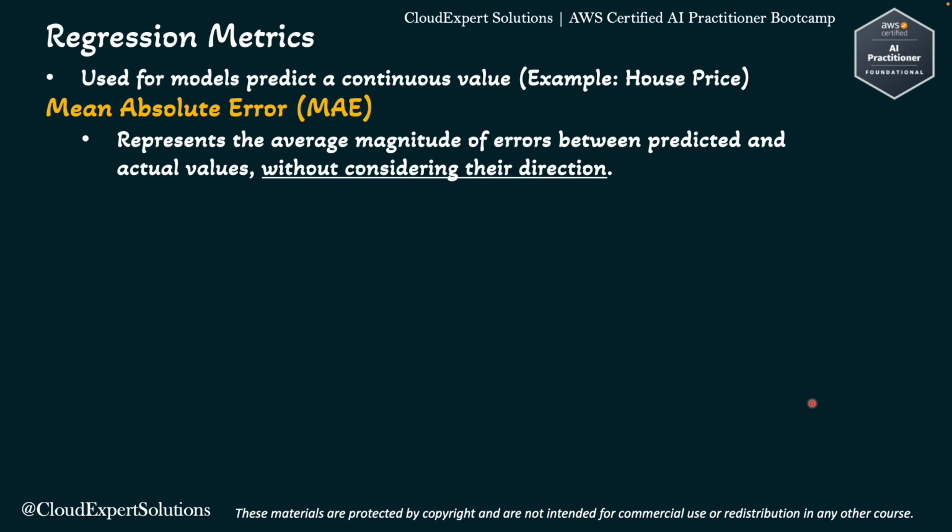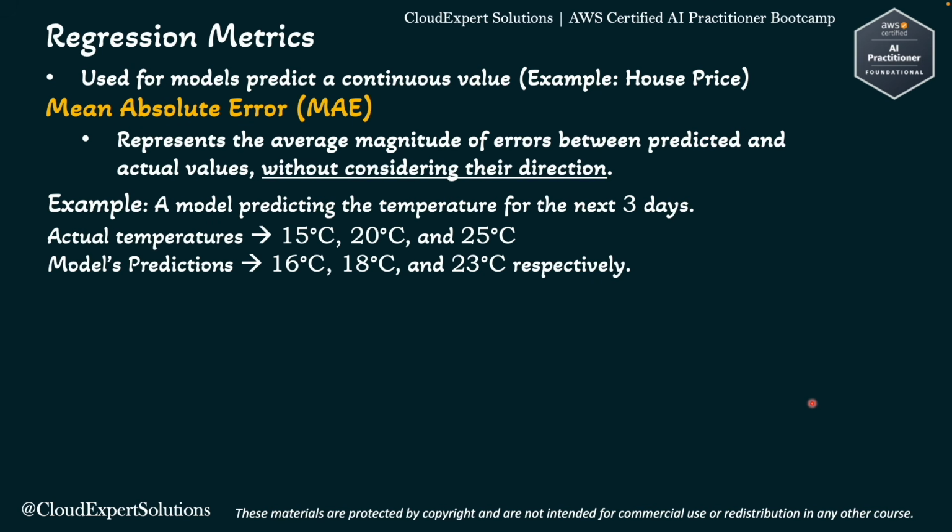Let's understand with an example. Imagine you are predicting the temperature for the next 3 days. The actual temperatures are 15 degrees centigrade, 20 degrees centigrade and 25 degrees centigrade, whereas your model predicted 16 degrees, 18 degrees and 23 degrees respectively.